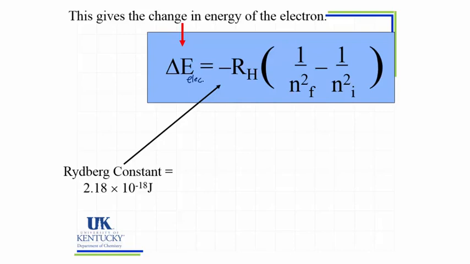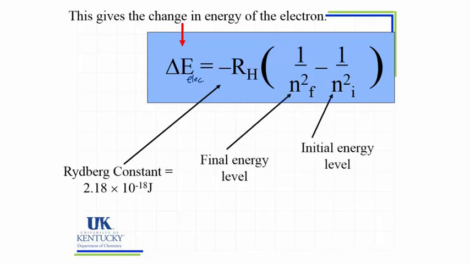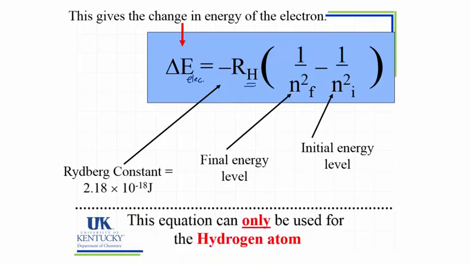So now we're going to determine the energy change, so we're taking the equation and subtracting. N sub F would be the final energy level, and N sub I would be the initial energy level of that electron as it transitions from a high energy state down to a low one, final minus initial. Now you must keep in mind that this equation only applies to the hydrogen atom.